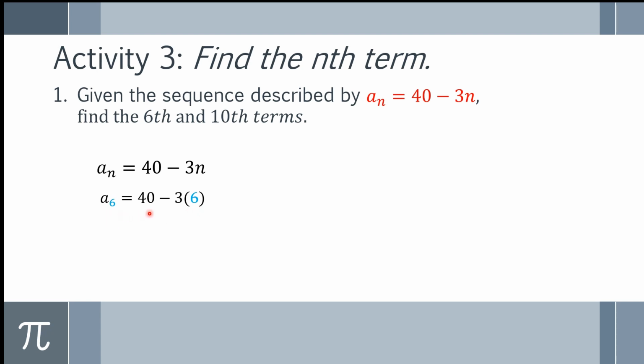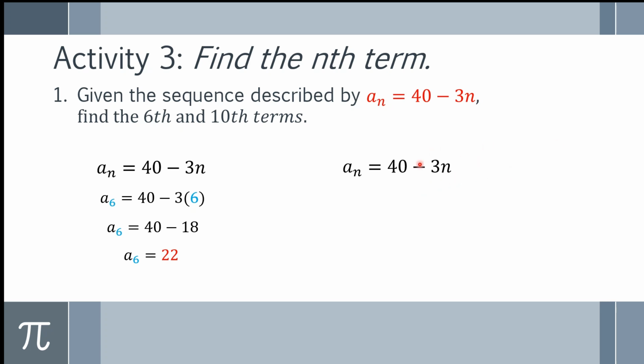So we have 40 minus 3 times 6. So next, 40 minus 18, because 3 times 6 is 18. And then simplify, 40 minus 18 will give us 22. So the 6th term of this sequence is 22. Next, we will find the 10th term.